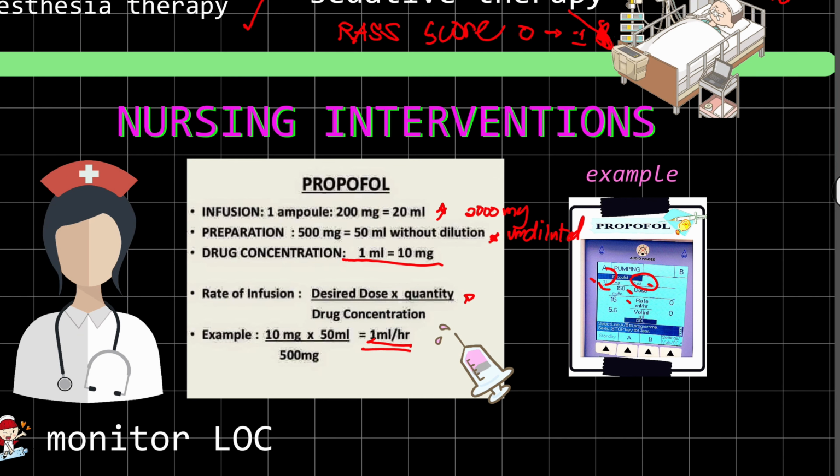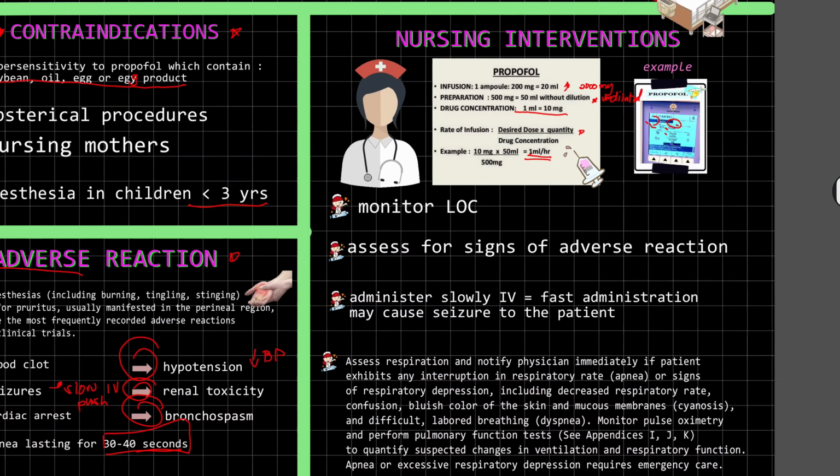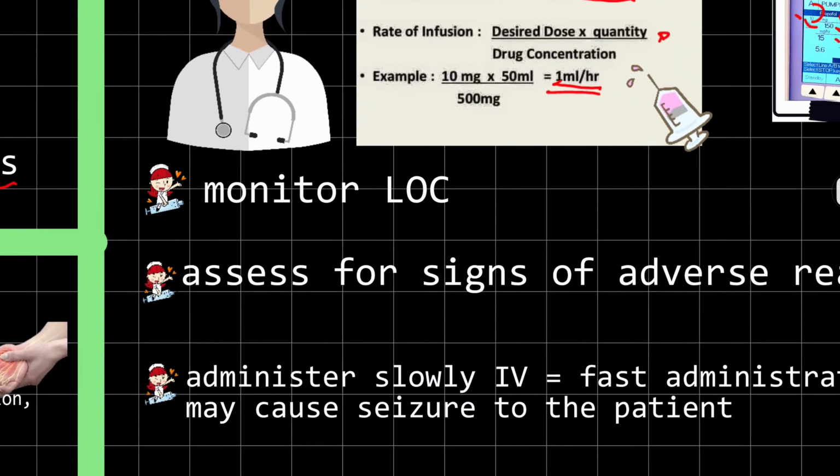All right, now your first nursing intervention, since you know that this medication has an effect on your CNS, of course you have to monitor hourly your level of consciousness, including your GCS.